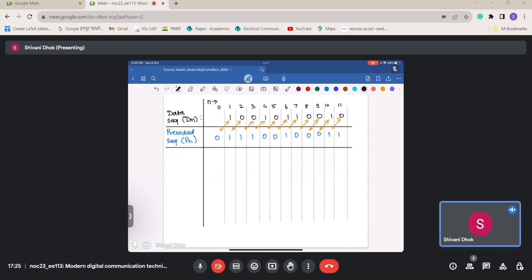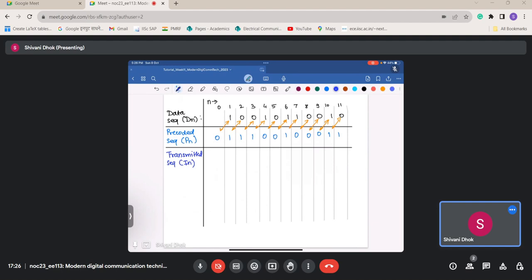So after that we need to find the transmitted sequence, which is nothing but in, and this in is basically 2pn minus 1, which means that if we have pn as 0, then we'll set it as minus 1.